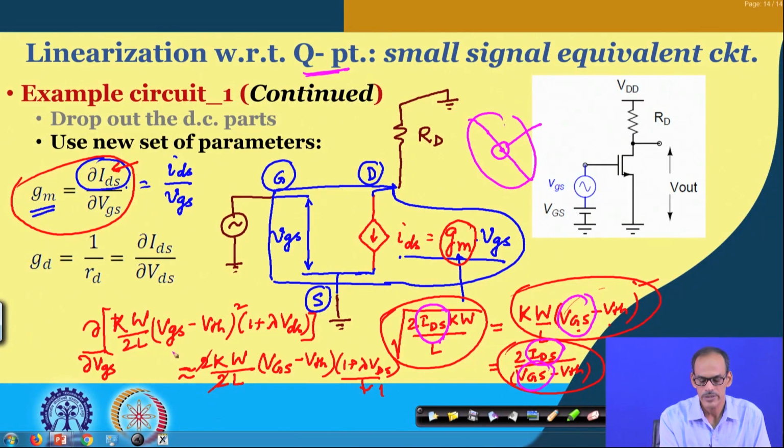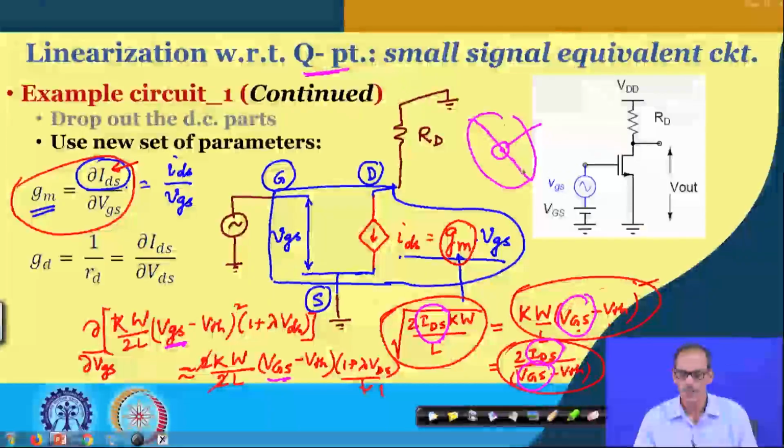Mathematically that is equivalent to saying that small VGS is the same as capital VGS. That means, at this point and this point, whatever the parameters are, essentially they are the same.